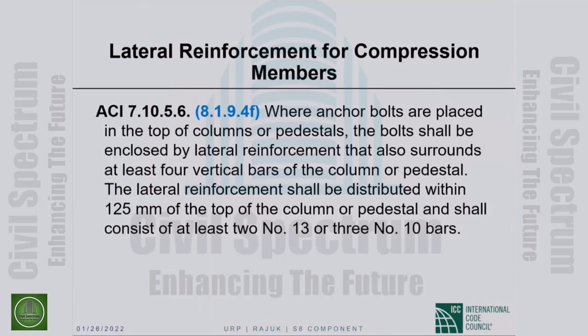The lateral reinforcement shall be distributed within 125 millimeters of the top of the column or pedestal, 5 inches at the top, and shall consist of at least 2 number 13 or 3 number 10 bars. So number 13 is our number 4, number 10 is our number 3. So 2 number 4 or 3, it's better to say these numbers. So 2 number 13 or 3 number 10 bars.